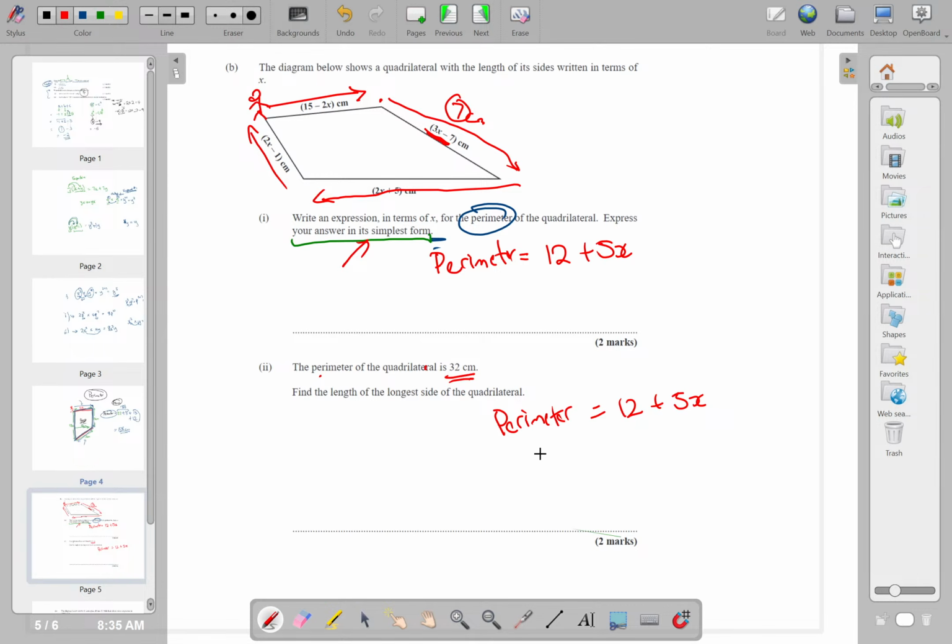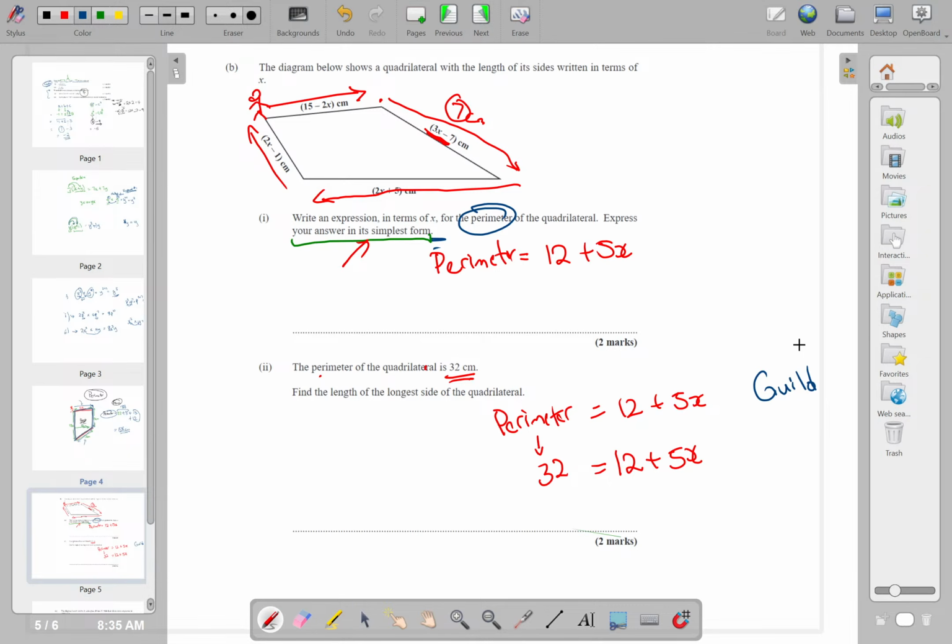Anywhere you see perimeter, you can change it now with 32. That is what I wanted to make sure you understand. We are always going to be creating some sort of guide. It helps you. You can't say, I never know what to do, I lost. You always want to say, what equation can I create?